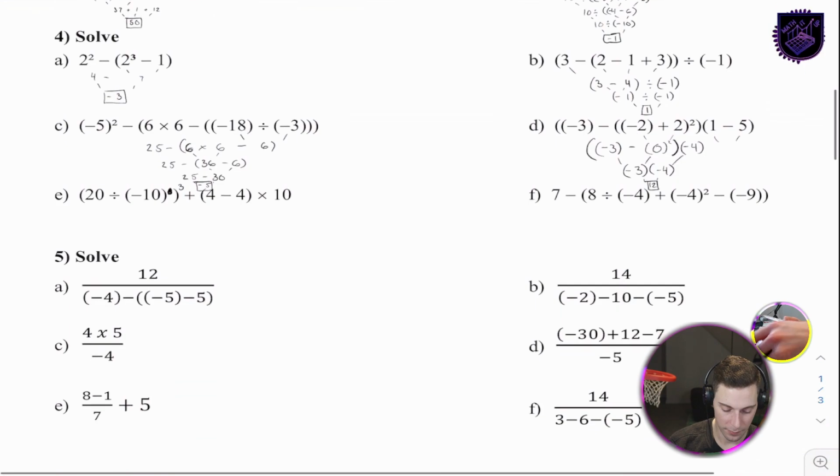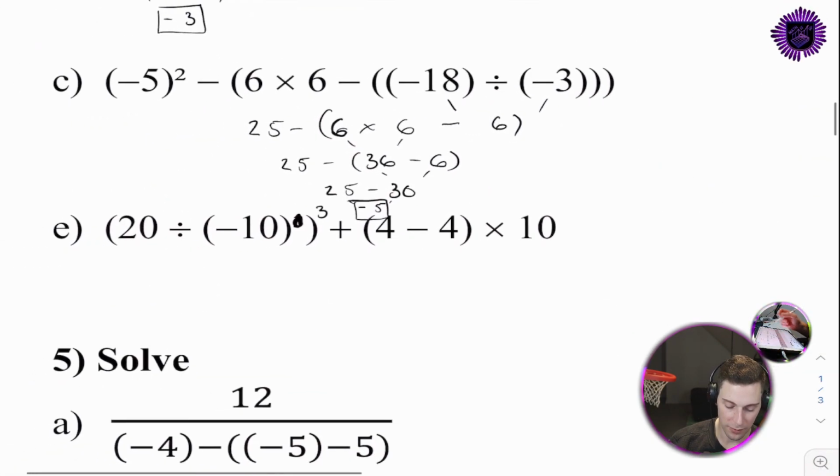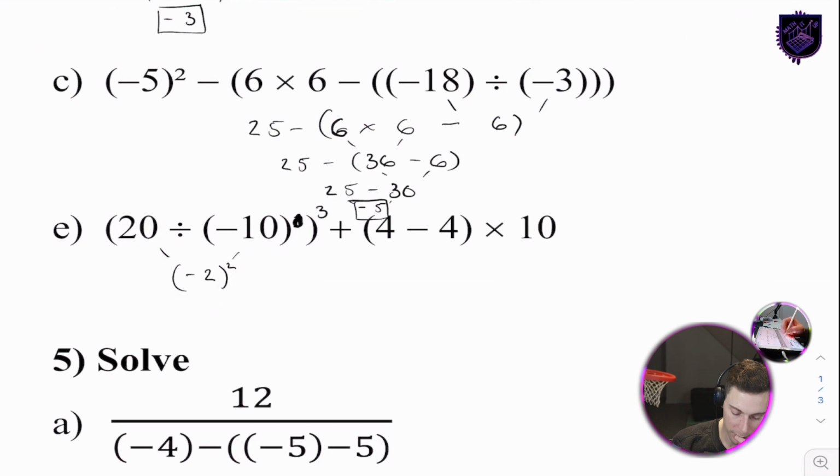Okay. 20 divided by negative 10, which would be negative 2 within the brackets squared, which would be plus 4 minus 4 plus 0 times 10, and then negative 20, and then we're going to go 2 to the power of 3.